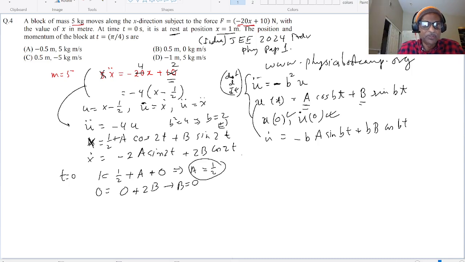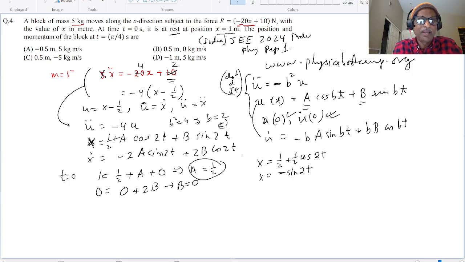So you've got x equal to half plus half cosine 2t, and x dot equals minus sine 2t, since a is half. You can take a derivative and confirm this is correct.